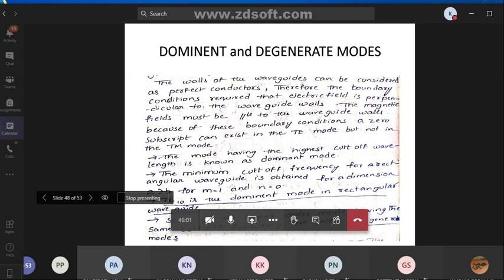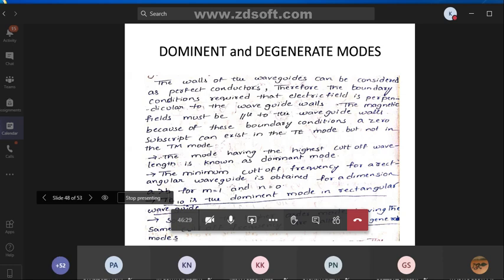We don't have TM00, TM10 and TM01, but we are having TM11, TM12, TM21 and higher modes. So what is the dominant mode? The mode having the highest cutoff wavelength.